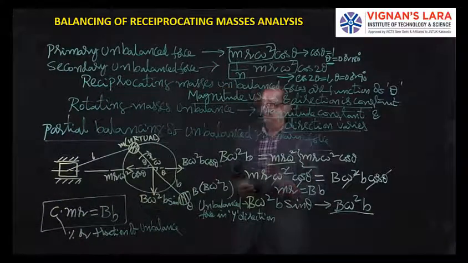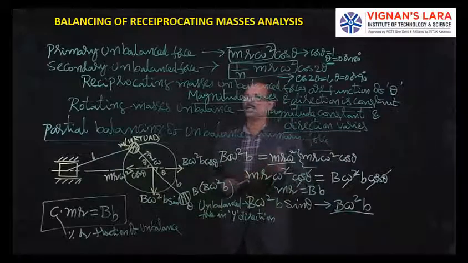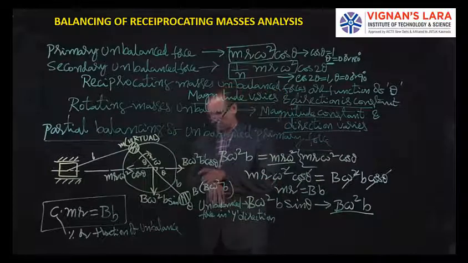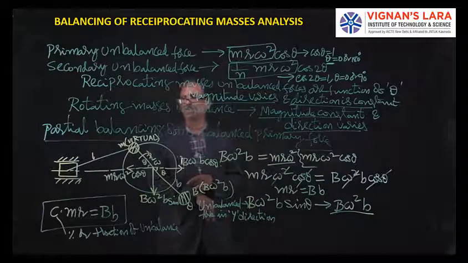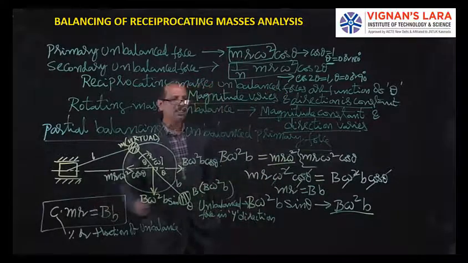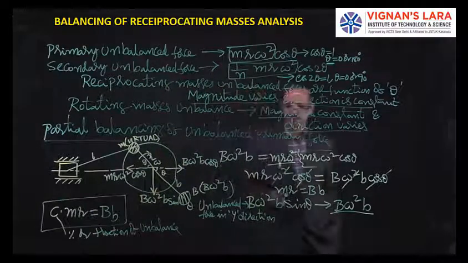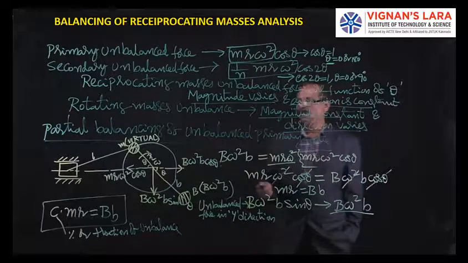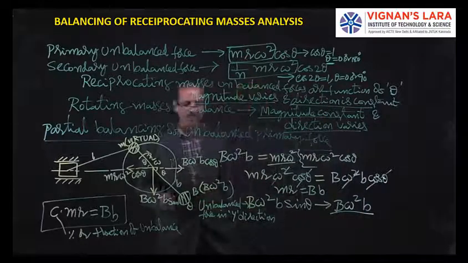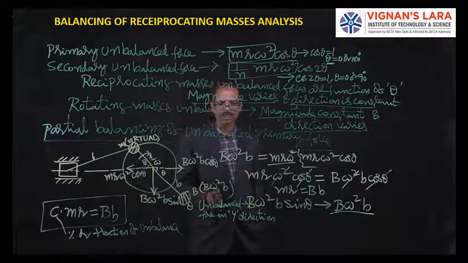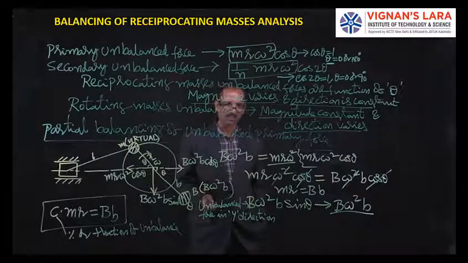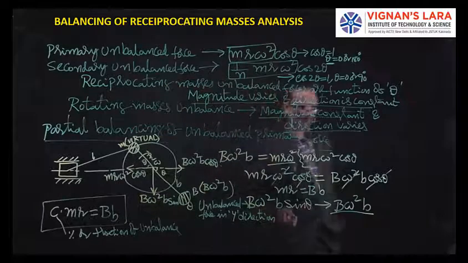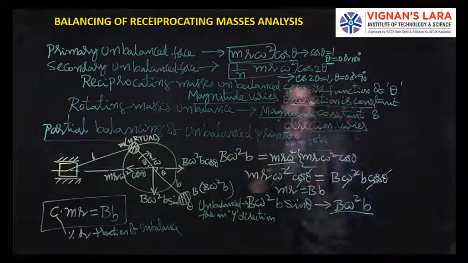So this is the reason why the reciprocating masses are only partially balanced and not balanced completely. If you try to balance in the horizontal direction completely, that is fulfilled, but unnecessarily an unbalanced force is generated in the y direction, that is in the vertical plane, once again the same amount, b omega square b, which is not advisable.